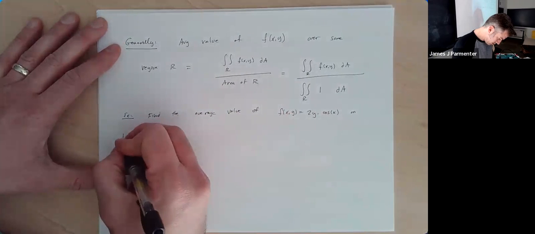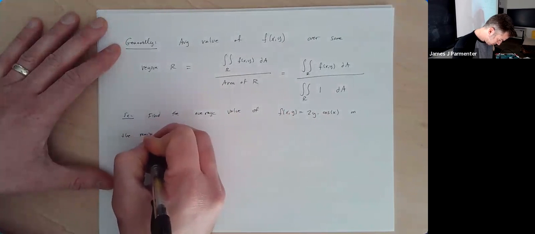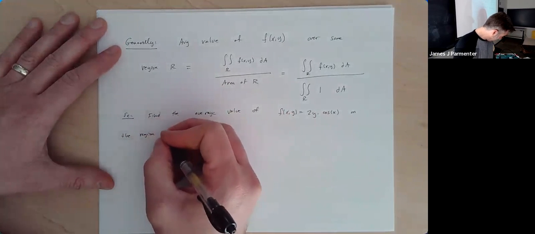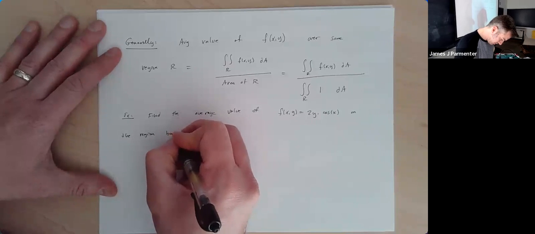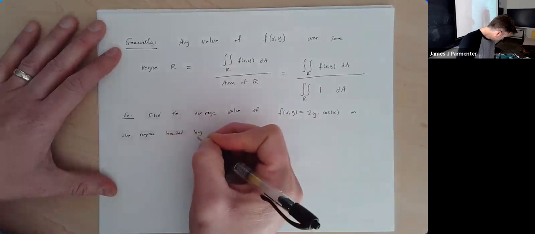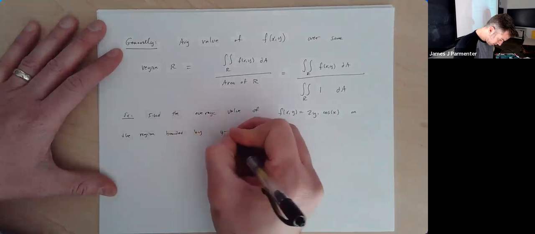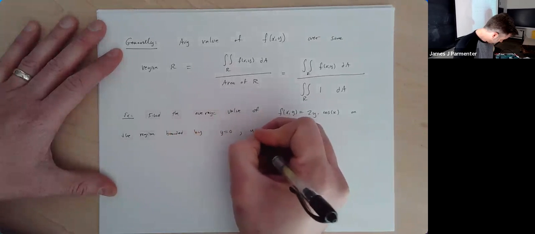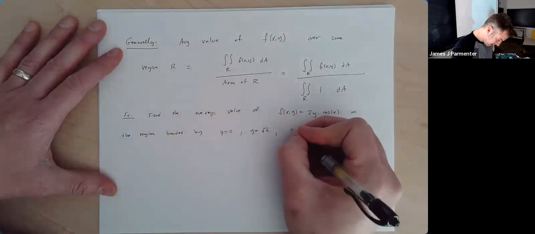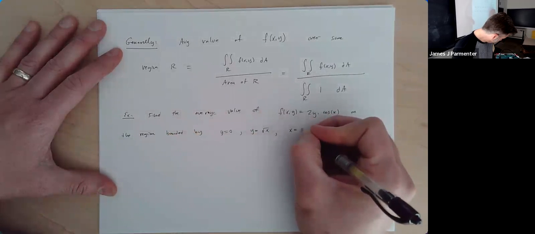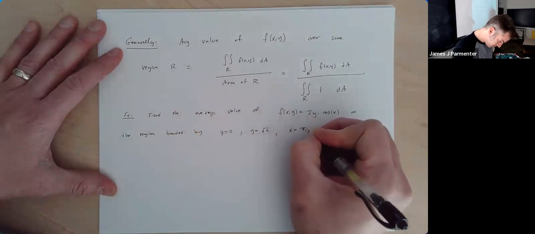on the region bounded by y equals 0, y equals square root of x, and x equal to pi over 2.